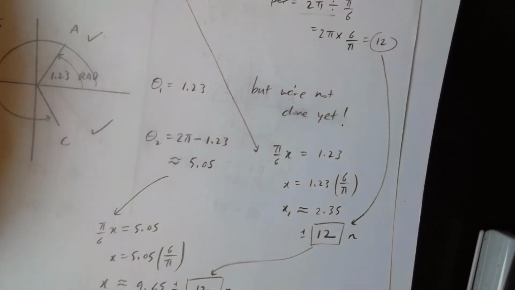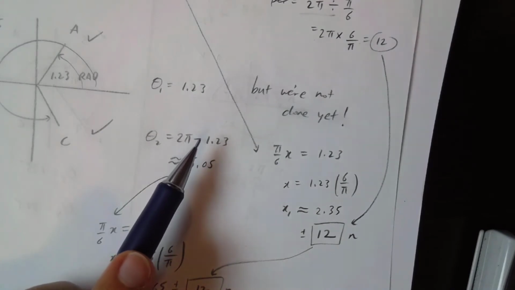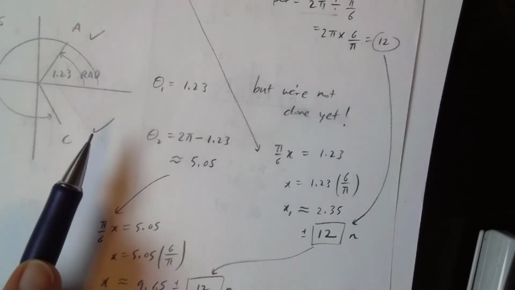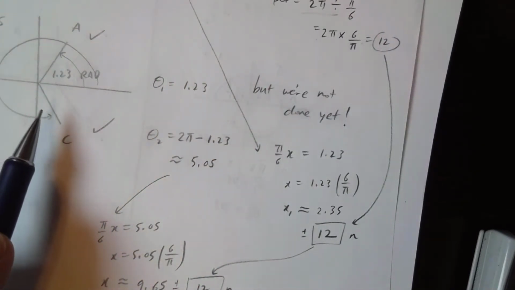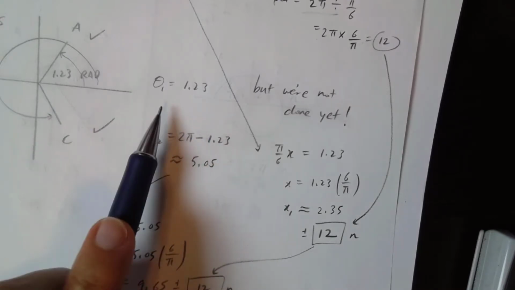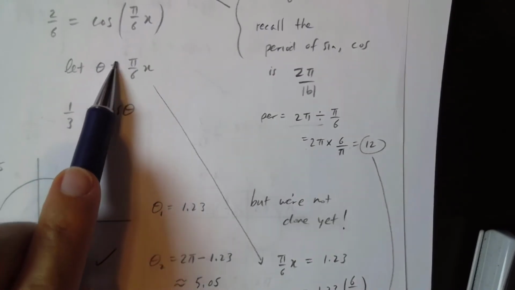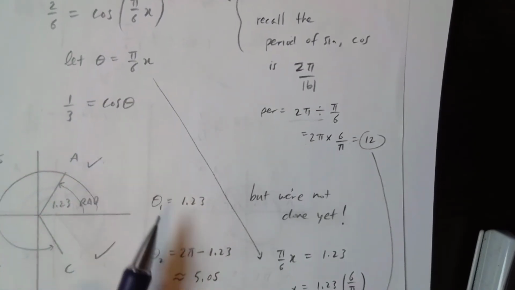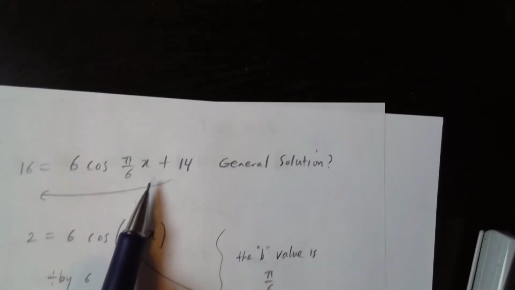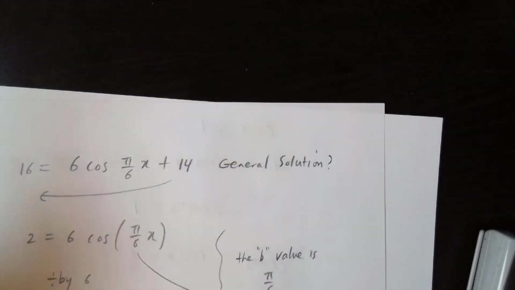Trig equations have a lot of steps, so people do get lost, but once you get used to the pattern of how things work, you're going to get lots of points on these types of problems. Recall that we tried to simplify life by making theta equal π/6 x. We're trying to solve the original question, which is about x, not theta.